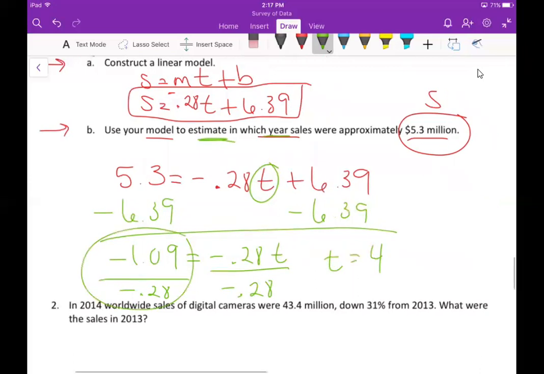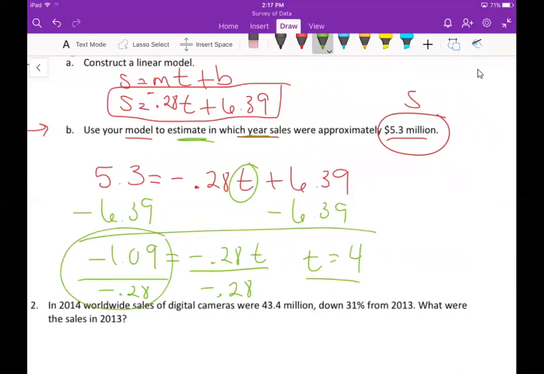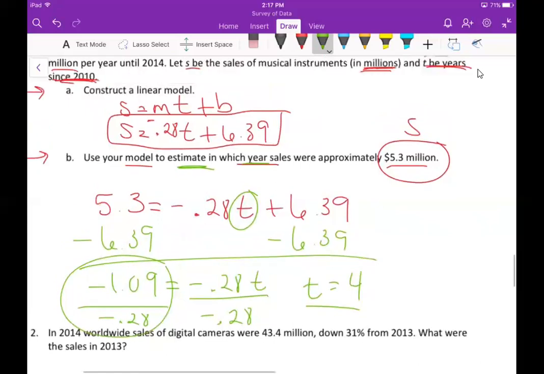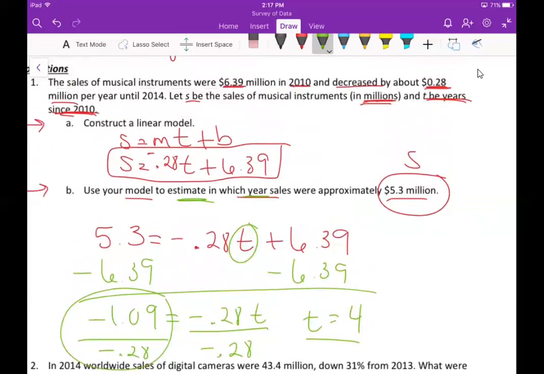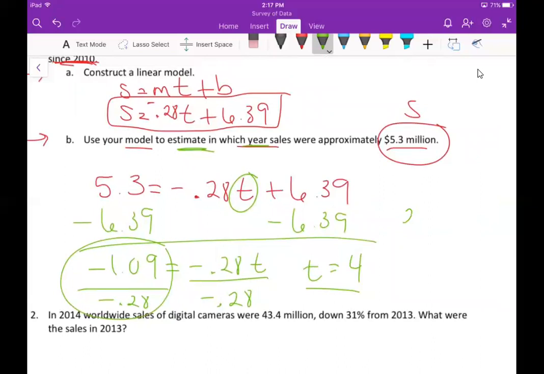Okay, now that doesn't quite answer my question, right? It asks in what year, so that would be approximately, remember it's years since 2010, so we'd have to take 2010 plus that t value, to realize that we're estimating that this will happen a little bit before, right? Because we rounded up, it'll happen around 2014.